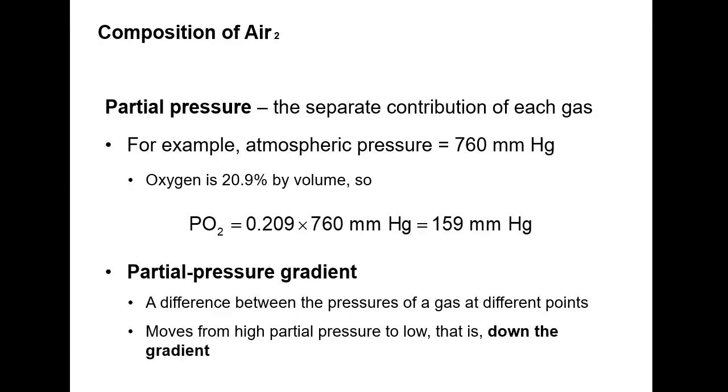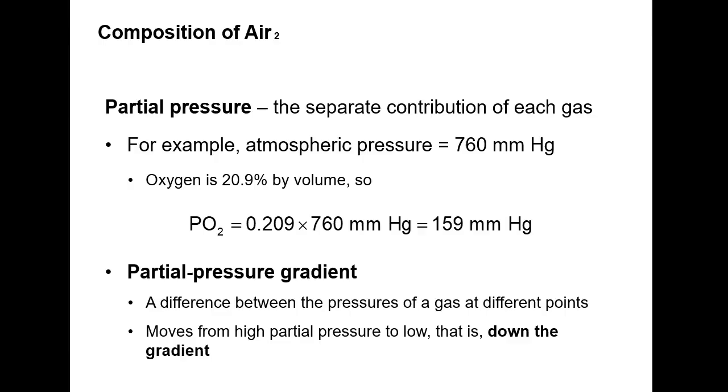This sets up what we call a partial pressure gradient, where we have a difference between the partial pressures of a gas at different areas. Gases typically want to move from a higher partial pressure to a lower partial pressure, down their gradient.